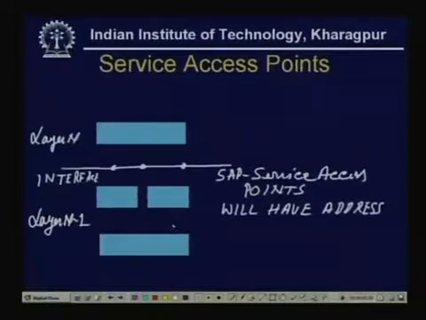and to get service from the service provider, the layer N will send some data. It has got two parts. One is your interface control information, ICI, and the SDU, service data unit.